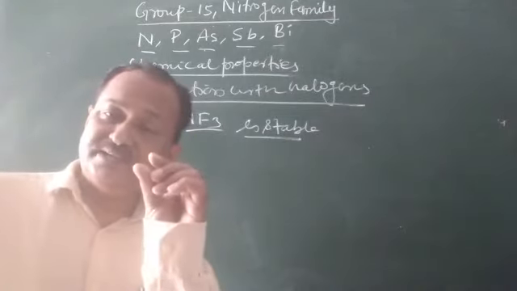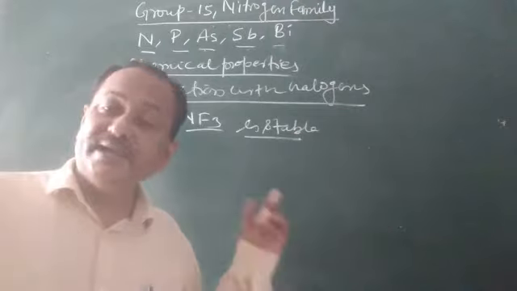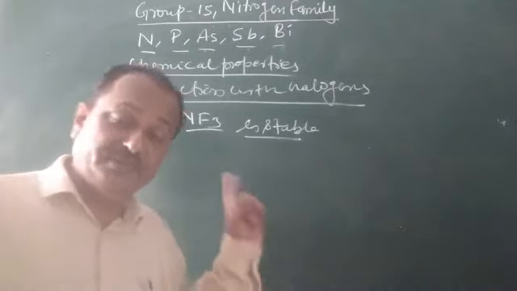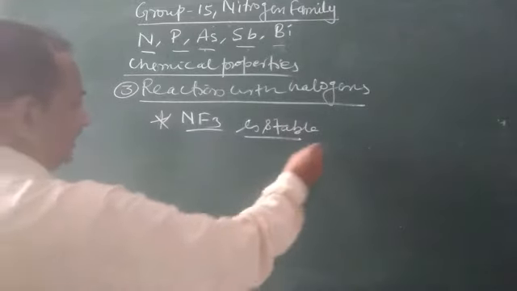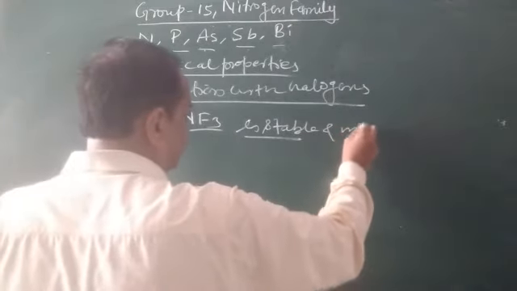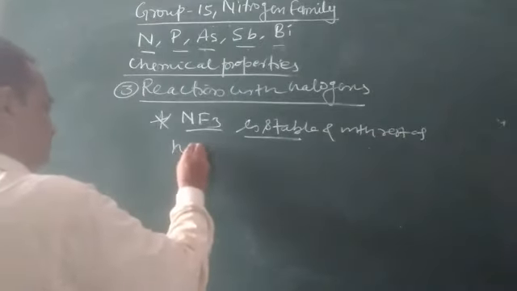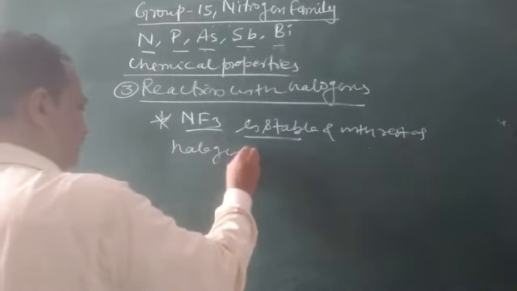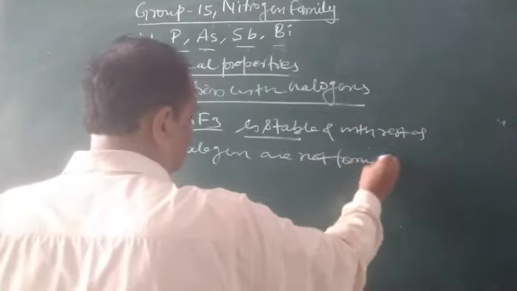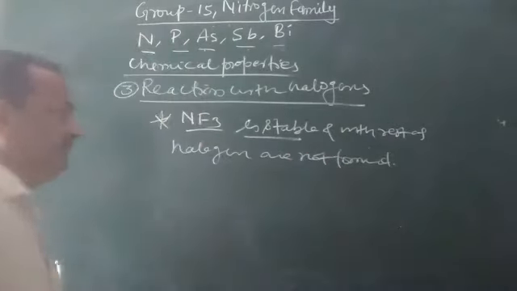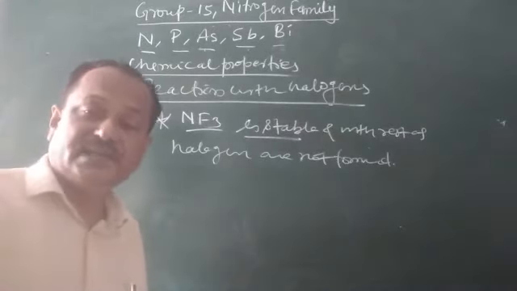Because nitrogen is small in size and cannot hold the iodide, chloride or bromide ions. So NF3 is the only stable one, and with the rest of the halogens trihalides are not formed.